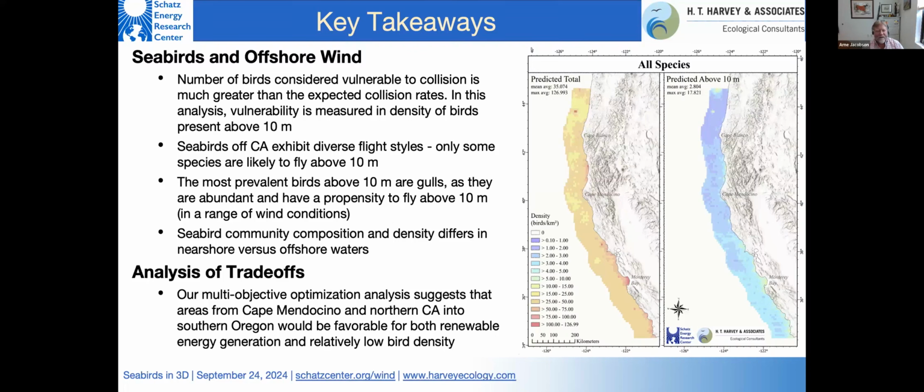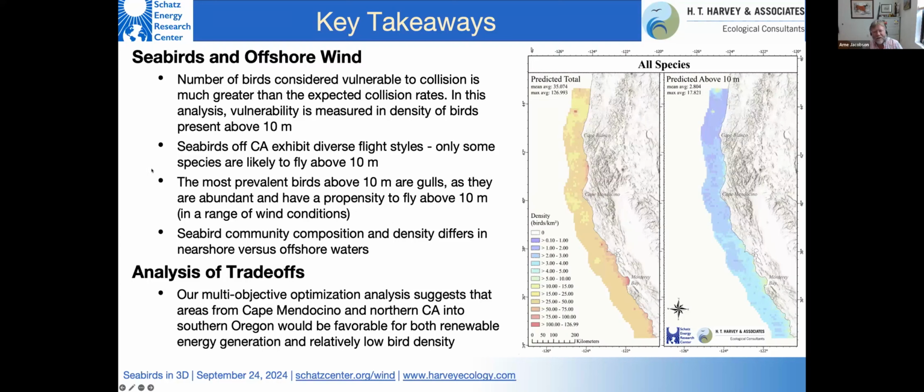And in this analysis, as we talked about, vulnerability is measured in density of birds present above 10 meters, which is perhaps a somewhat conservative metric, given that we expect the bottom end of the turbine blades to be maybe closer to 30 meters above the sea surface.